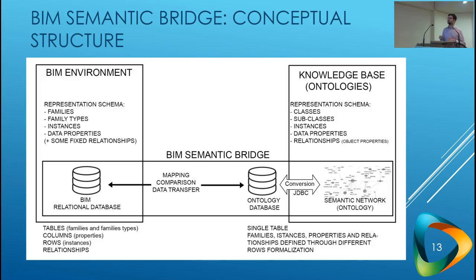The first one is the mapping. So we can create correspondences between entities represented in the knowledge base and in the BIM environment. Then we have the comparison, so we can check if there are coherences, incoherences, and different values among the same property stored in the two environments. Then we have data transfer, so we can translate data from one side to the other in order to have general coherence of the entire system.